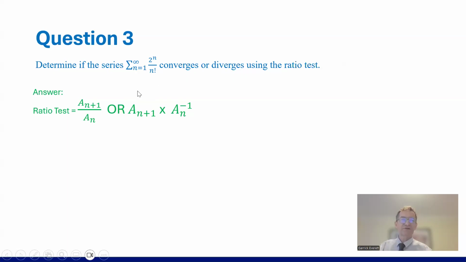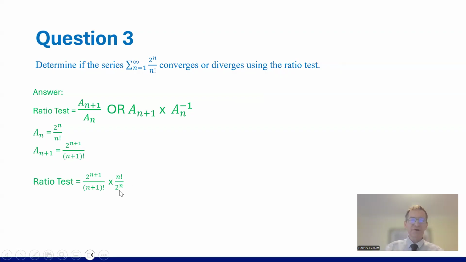So a_n, which we already know, is 2^n over n factorial. a_(n+1) is 2^(n+1) over (n+1) factorial. Now I'm going to put this number on top of this number. No, I'm not. I'm actually going to do this number multiplied by this upside down. So there we go, that's our ratio test.